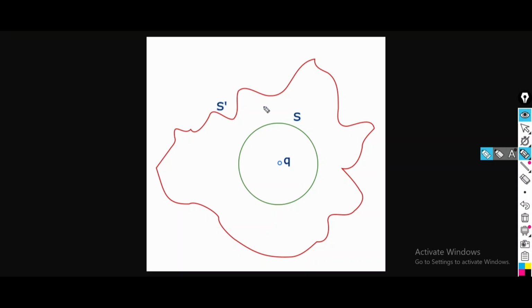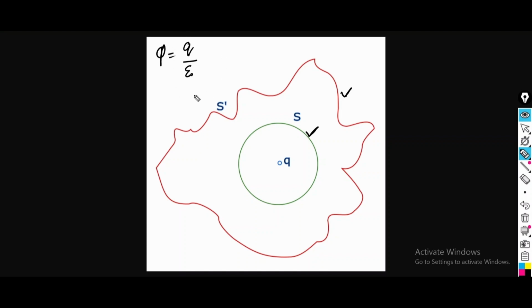According to the Gauss law, the flux through a closed surface does not depend upon the shape of the Gaussian surface. So the flux through this circular shape will be equal to the flux through this irregular shape. According to the expression of the Gauss law, the flux through a closed surface is equal to the charge enclosed by this surface divided by the permittivity of free space.